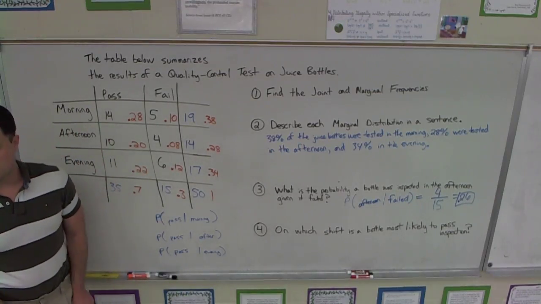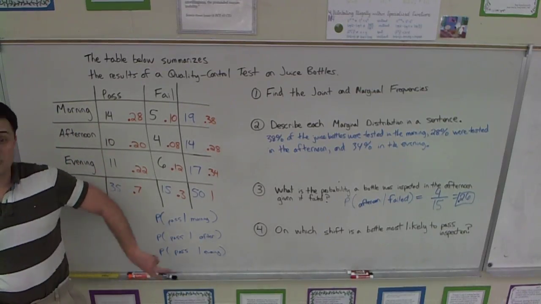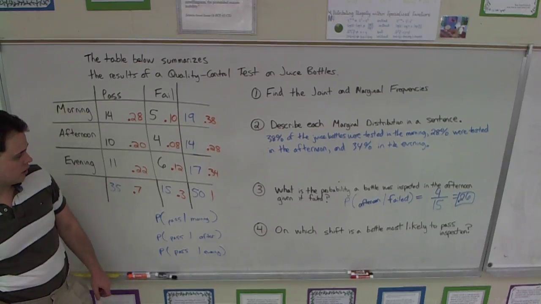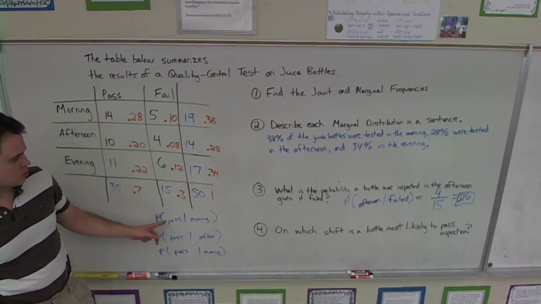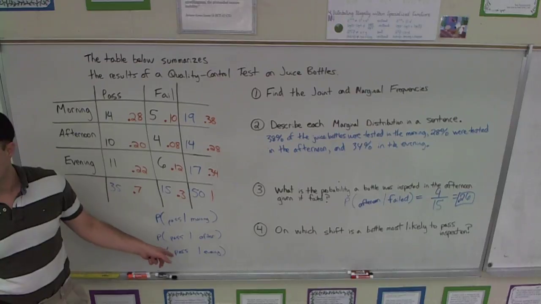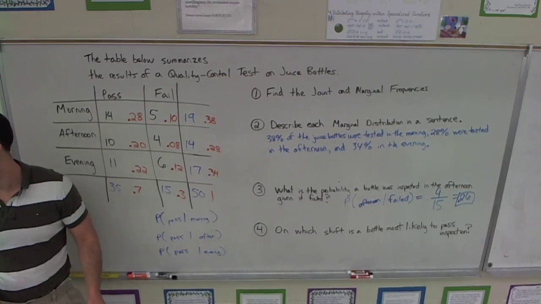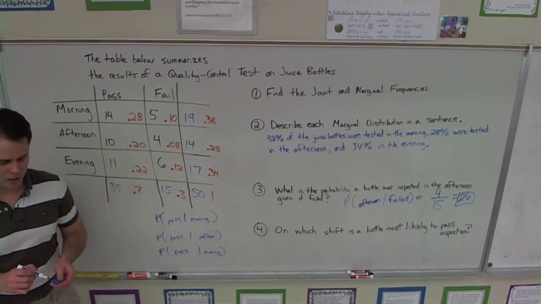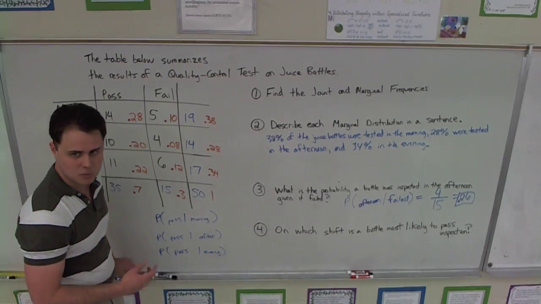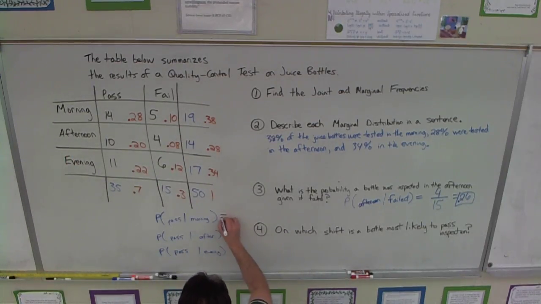On this question, you might be able to get the right answer by flipping those around as well and looking at the probability that it came from the morning given that it passed. And likewise for the other three, I think you can probably answer the question either way. But let's just do it this way since that's what we decided on. So the sample space now is shrunk from 50 to just the morning tests.